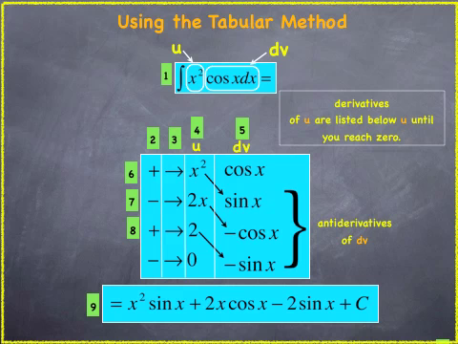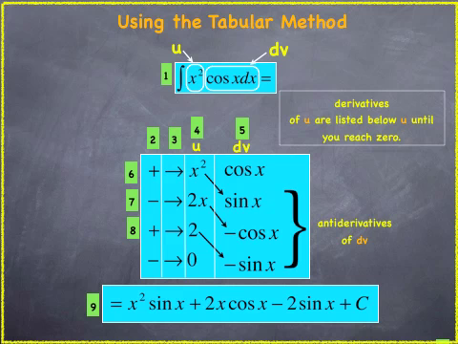If you see column 2, we start with writing plus, minus, just alternate back and forth beginning with plus signs. In column 3, we put in a bunch of arrows. In column 4, we start with our u, which in this case is x squared, and we go down the column taking the derivative each time until we reach 0.